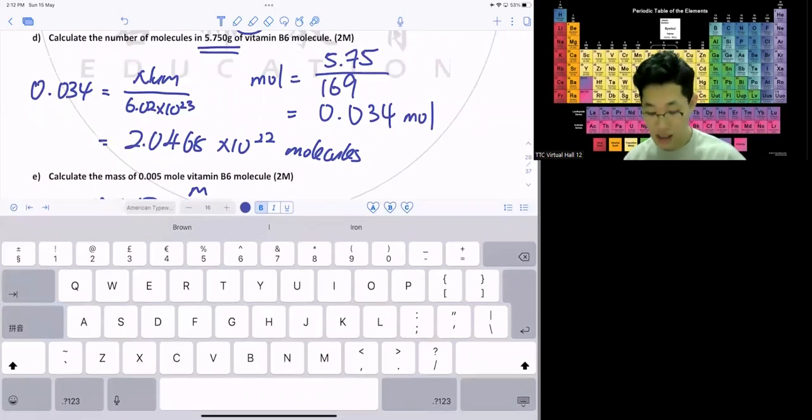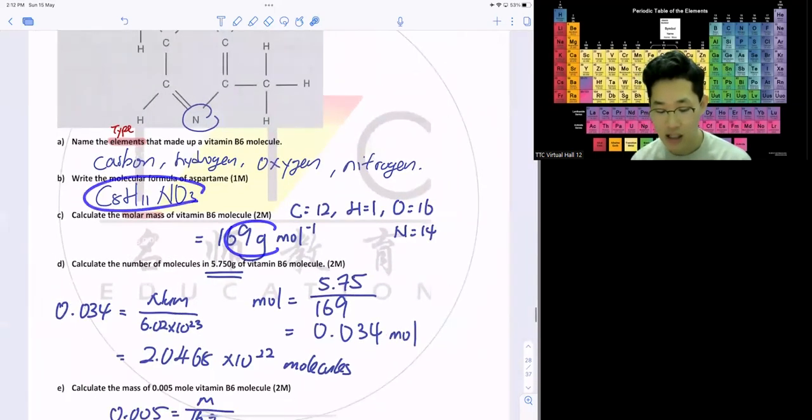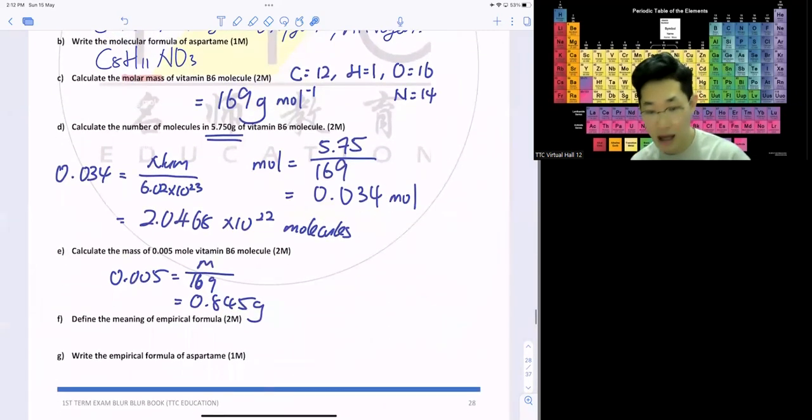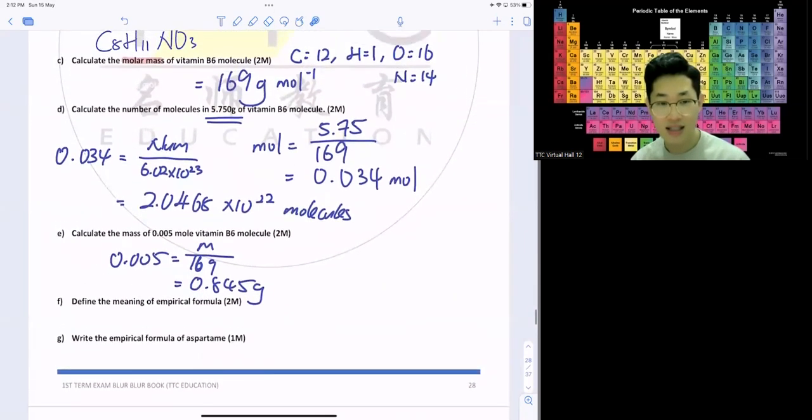Empirical formula, molar mass is 169. Yeah, 169. Just now we calculated the total already. Molar mass is 169. So all the molar mass we put 169. 0.034 mole. Yeah, this one.